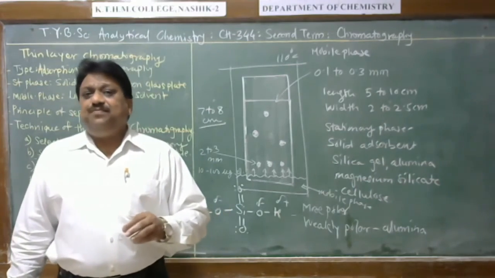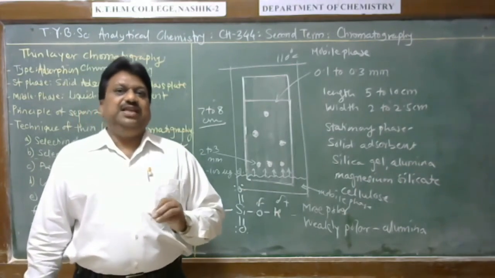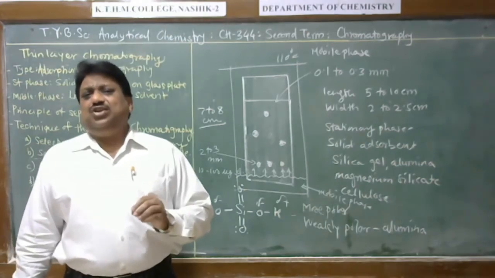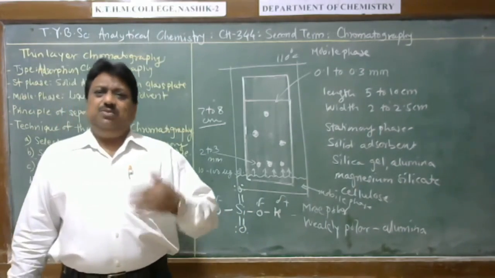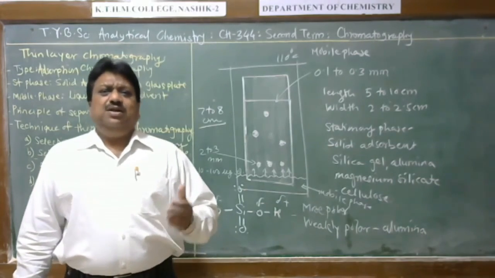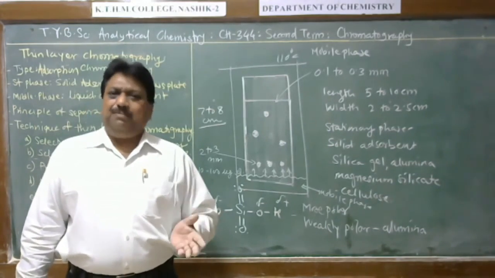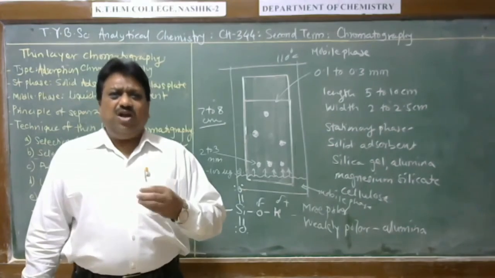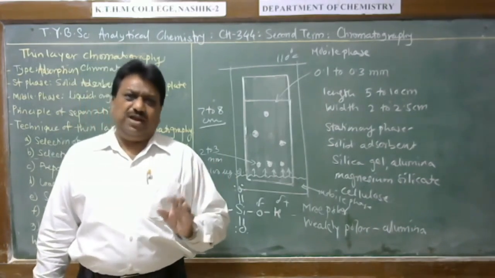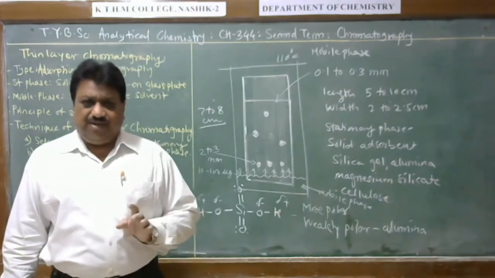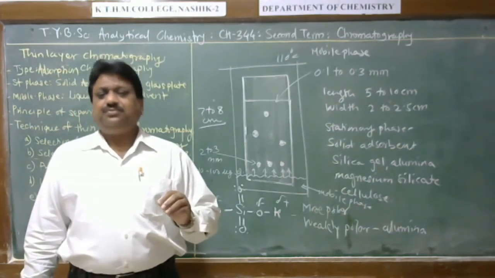These are some important applications. In addition, it can be used by biochemists and botanists for separation of chlorophylls, polypeptides, phenols and all organic compounds that can be separated or identified by thin layer chromatography.